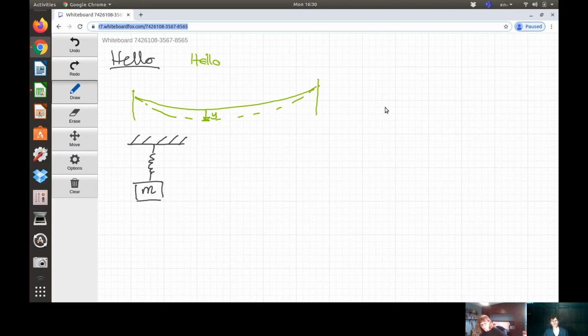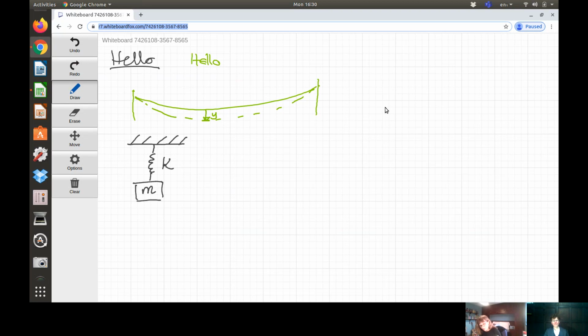Obviously, we've got the mass, and we've got the spring constant k to take into account. Would you say the mass is the mass of the power line? I would say so, yes.